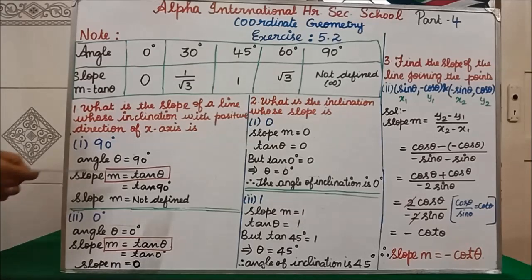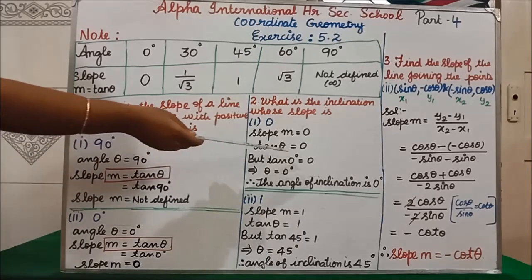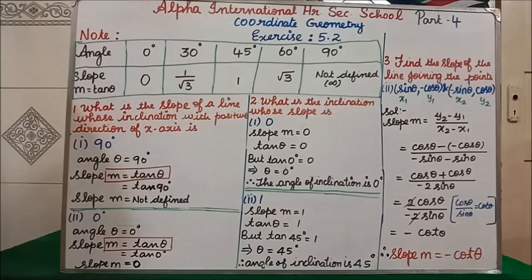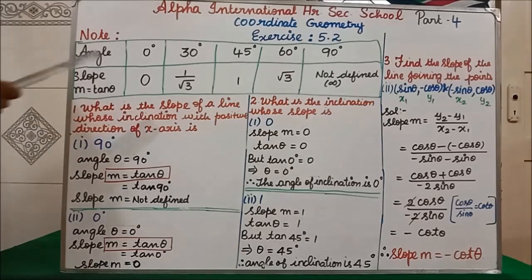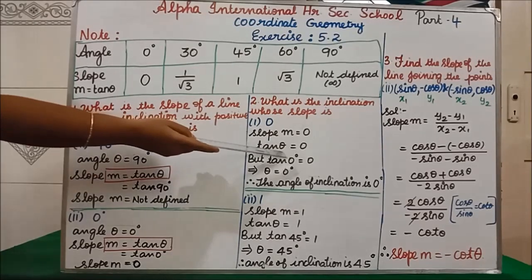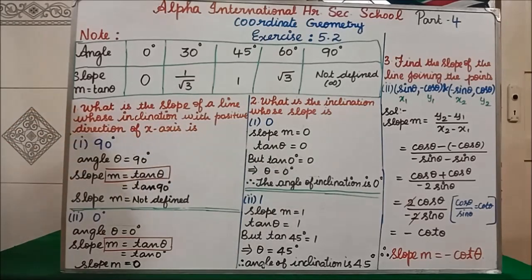We know slope m is equal to tan theta as our formula. If slope m is equal to 0, then tan theta is also obviously 0. Isn't it? So write tan theta equal to 0. But when will tan be 0? Only when theta is 0 degree we will get 0, isn't it? So in the place of theta, write 0 degree.